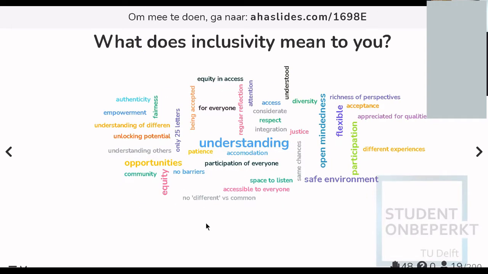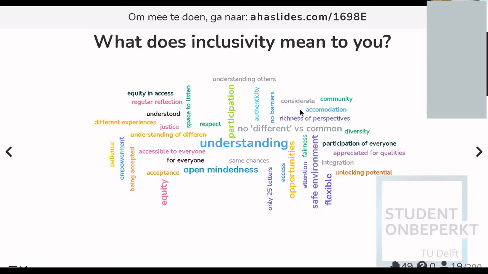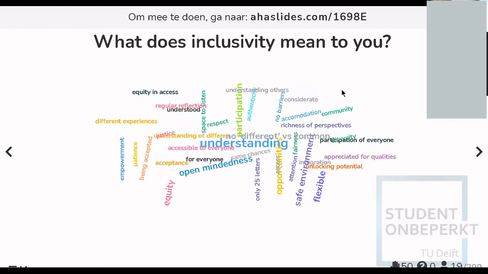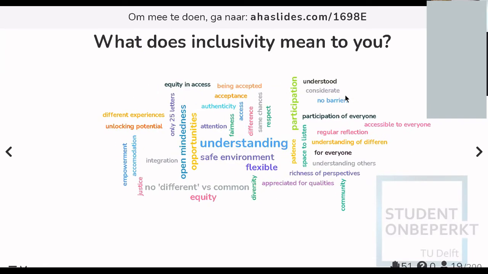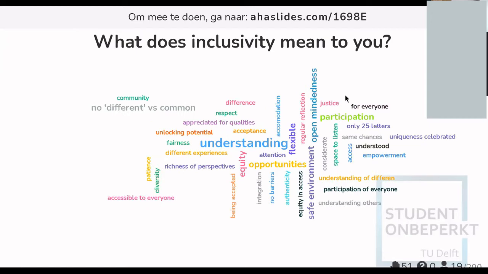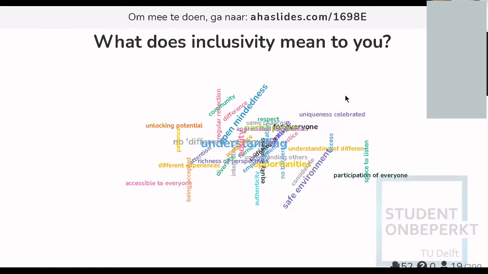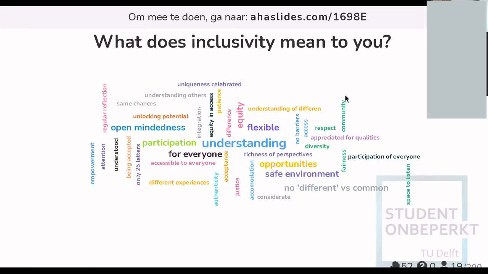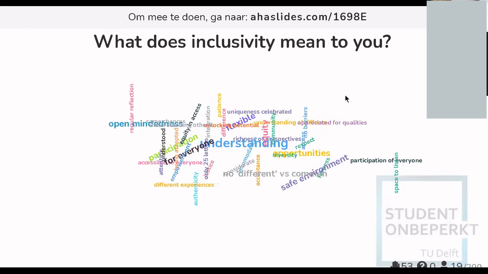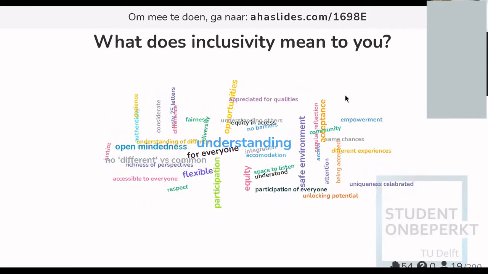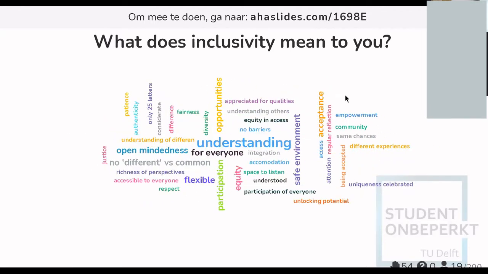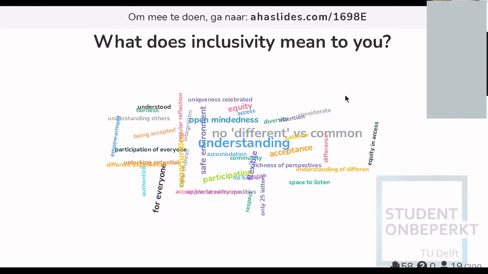That's nice. I see that understanding really gets a lot of votes, which is also why we are of course here, because then we can get mutual understanding between lecturers, staff members, and students about what a disability actually means.